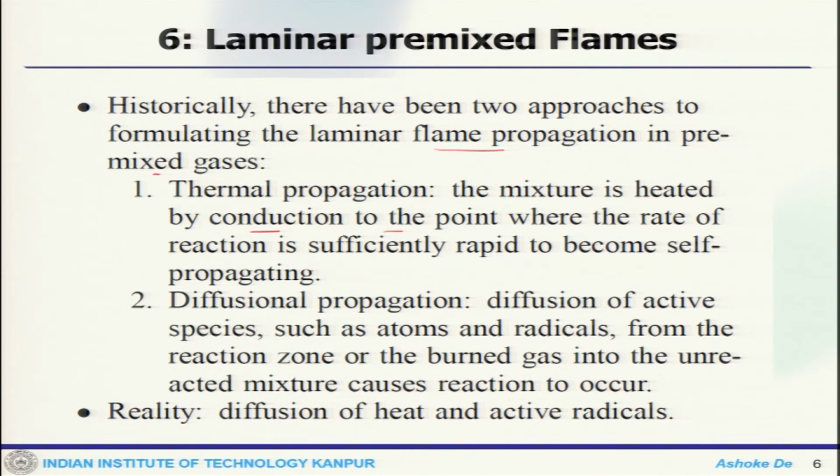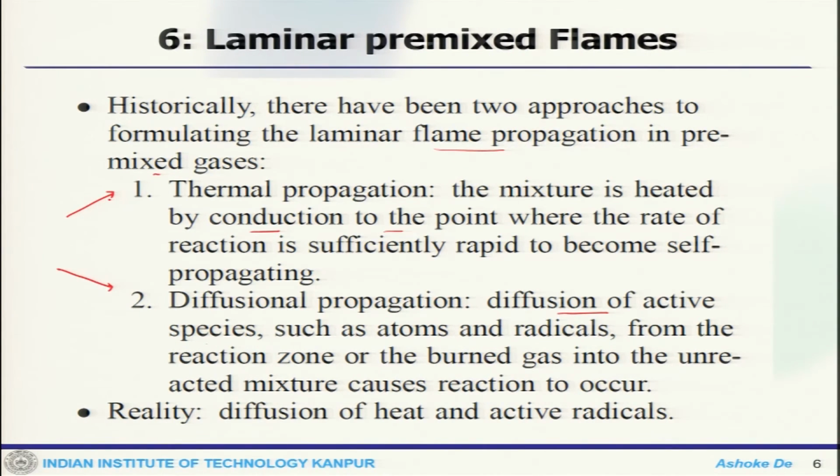So, that is a concept completely based on thermal analogy. And the second one is based on diffusional propagation, which talks about the diffusion of active species such as atoms and radicals from the reaction zone or the burned gas into the unreacted mixture, causing reaction to occur. So, there are two completely different thought processes.